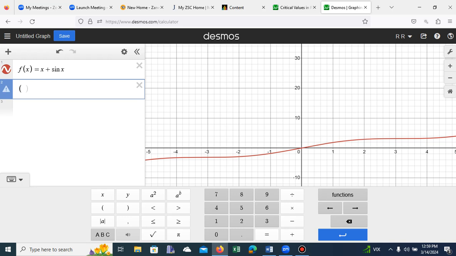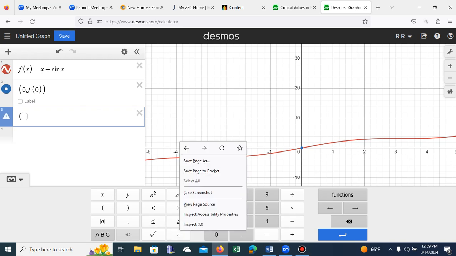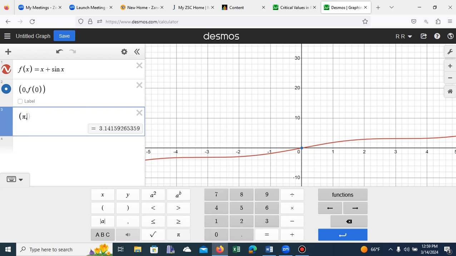And we'll do 0, f of 0. And we'll do pi, f of pi.